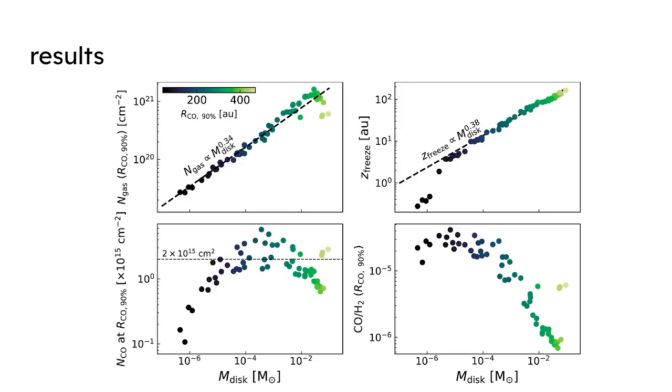This place is localized in a certain radius range, because closer to the star it's warmer, further from the star the disk gets diluted enough so that the interstellar radiation field photodesorbs it, and it's not frozen out anymore, even though the temperatures there can be colder according to the model, but it's just diluted enough that the photodesorption plays a bigger role.